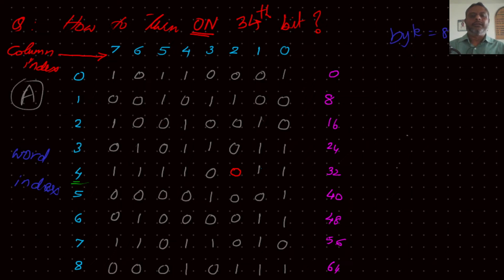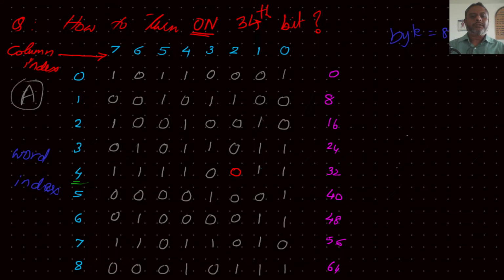It's developed such that it has words, and each word has a size as per the design. Here, let's assume that our memory has a word size of 1 byte. 1 byte means 8 bits. So we have 8 columns, 0 through 7.